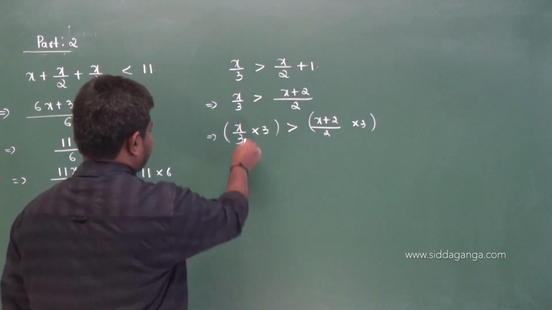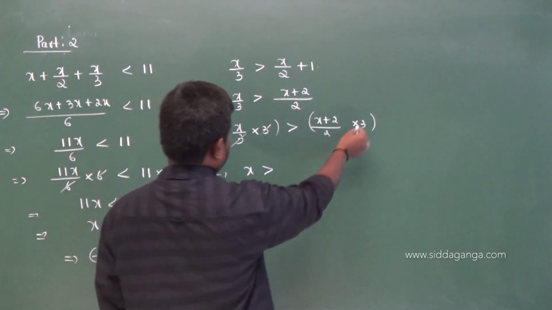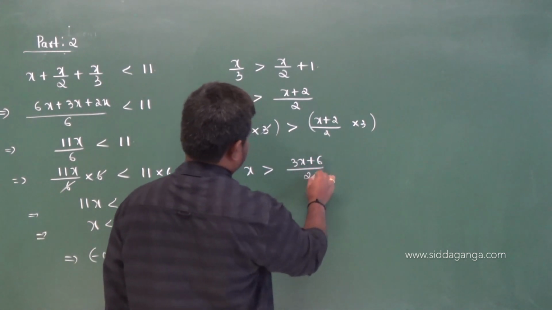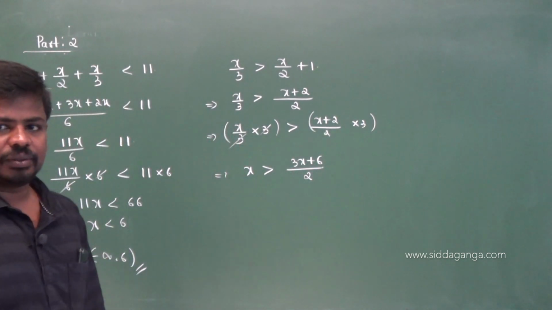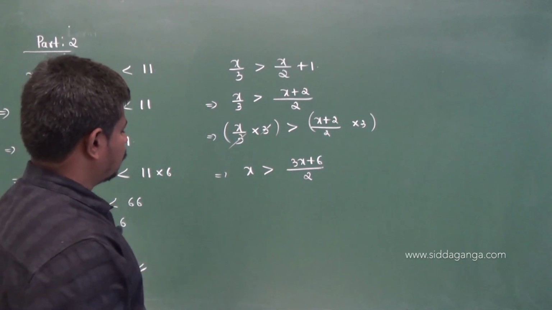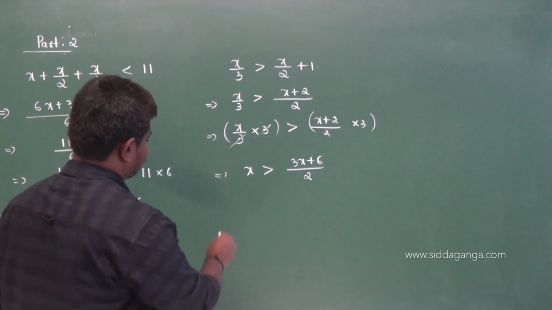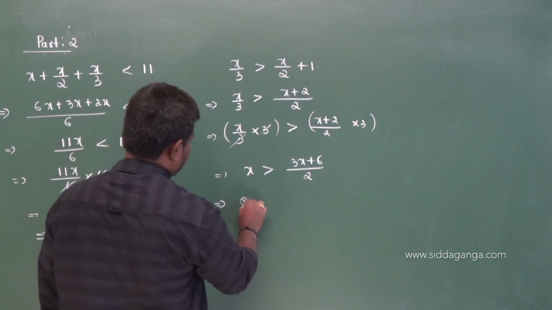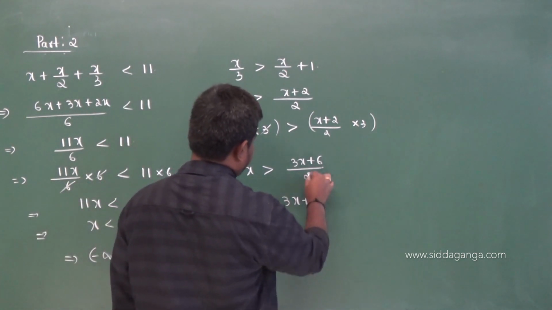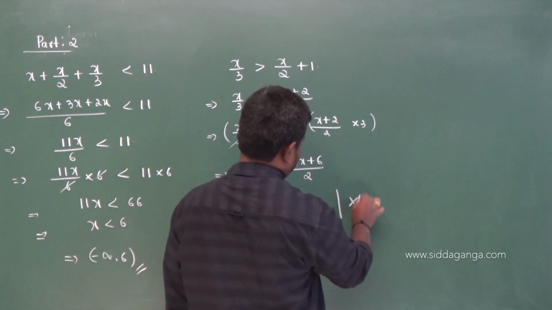Now x is greater than 3x plus 6 by 2. Now multiply by 2, so you get 2x is greater than 3x plus 6.